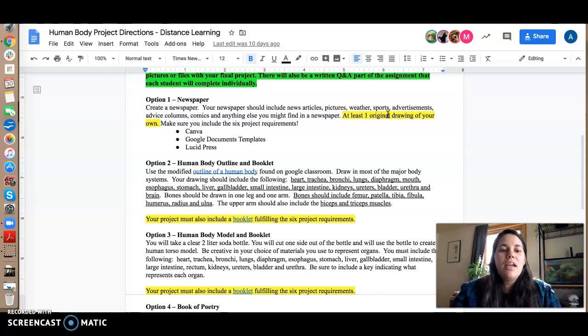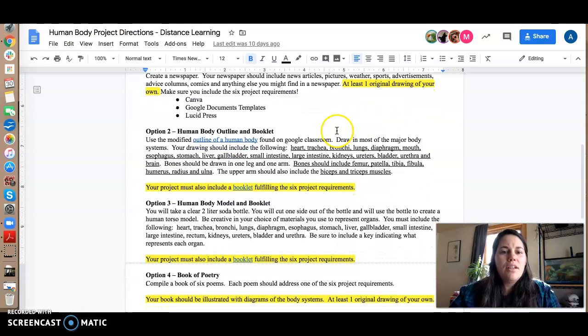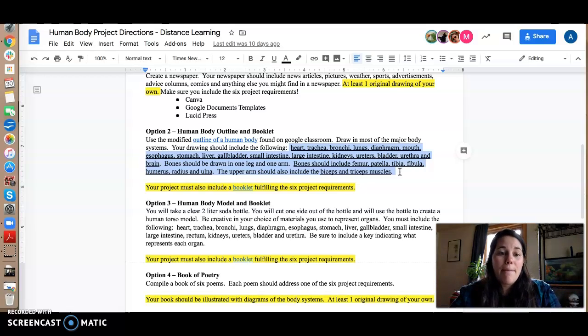It's all good. Option 2 is that outline and booklet. This is where you're getting that information about what parts have to be included. So you need to show these parts. So the heart, trachea, bronchi, lungs, diaphragm, mouth, esophagus, stomach, liver, gallbladder, small intestine, large intestine, all these things need to be shown.